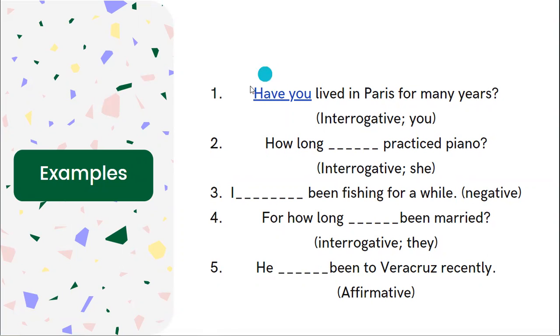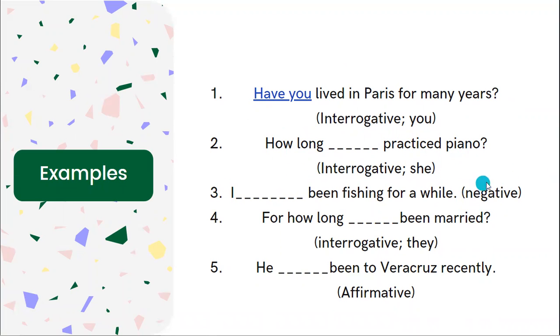Remember that we're going to start with the auxiliary verb, then the subject, and then the past participle plus a complement, okay? Number 2, how long, interrogative plus she: how long has she practiced piano? Notice here that instead of having have, we're going to use has she, okay?